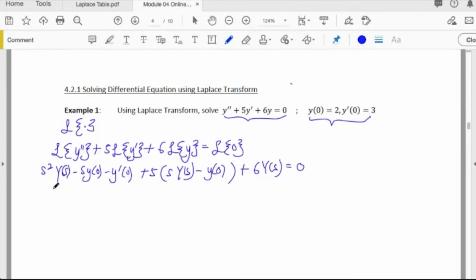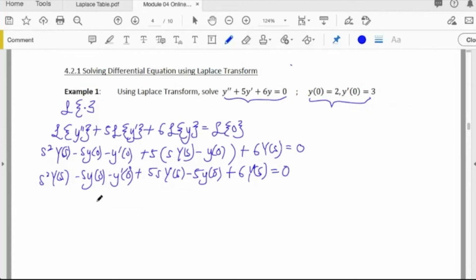Next, you can expand this. If you expand, you have 5s Y(s) minus 5y0 plus 6Y(s) equal to 0 with these terms.